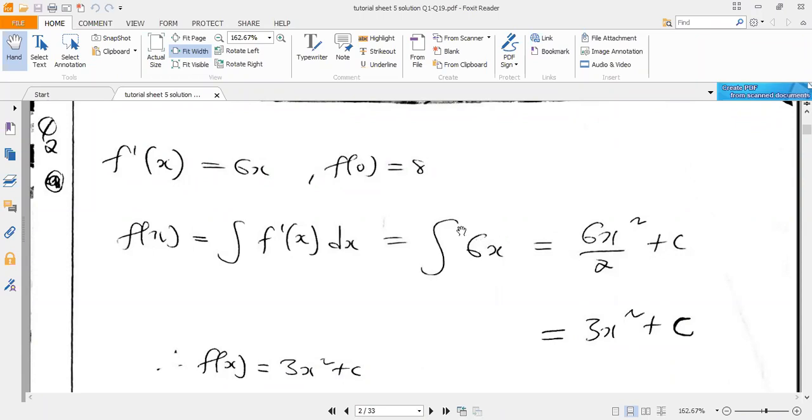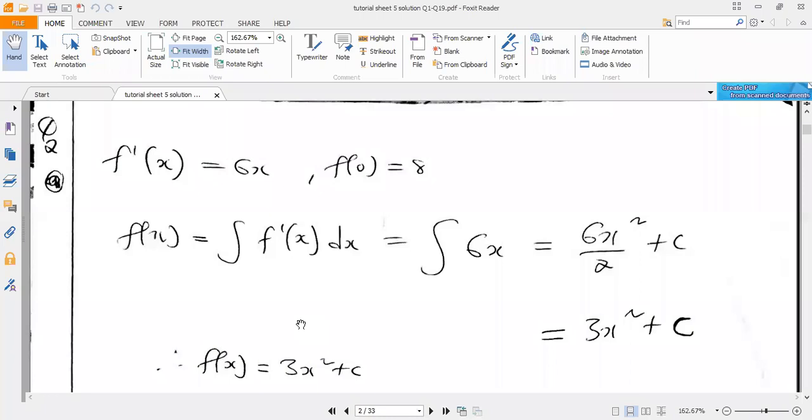So the integral of 6x with respect to x is equal to 6x squared over 2 plus the constant c. But then 6x squared over 2 is the same as just saying 3x squared. So 3x squared plus c is our f of x, just as we have written it there.